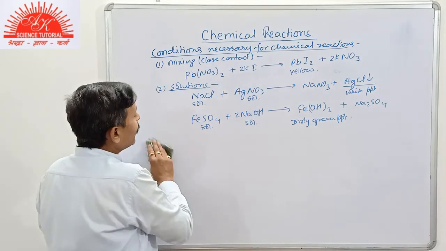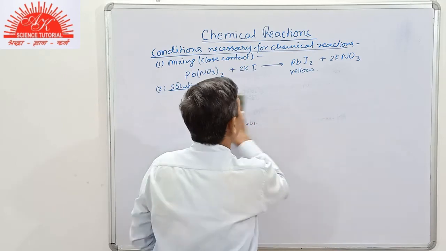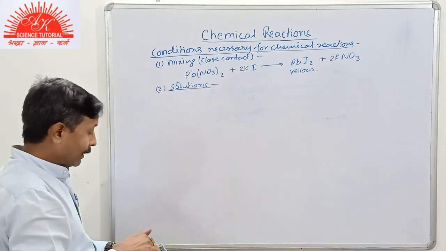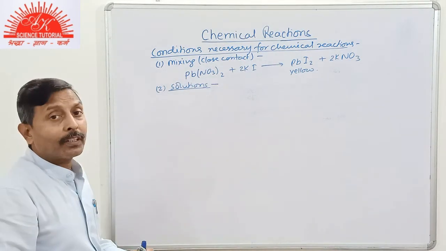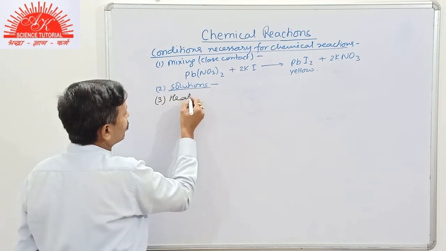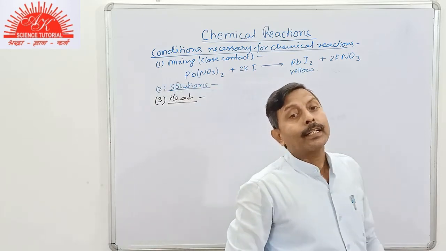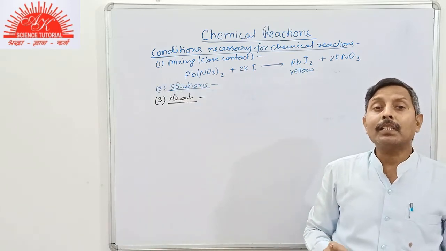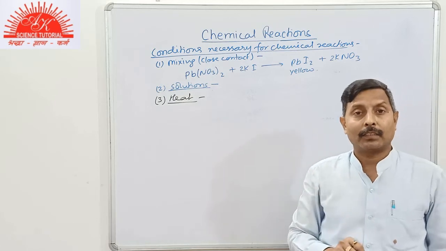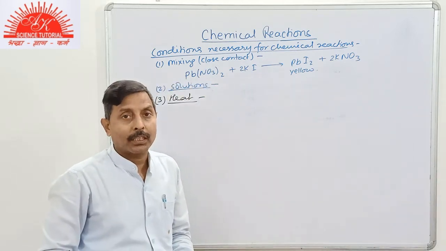Now the next condition required for a chemical reaction to take place is the requirement of energy in the form of, suppose, heat. Many reactions take place when the reactant is heated, like in thermal decomposition reactions.